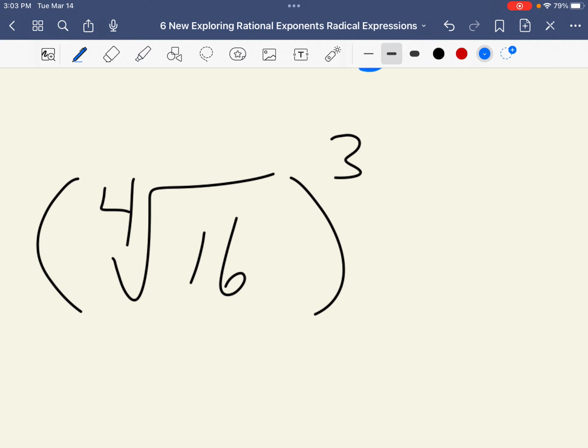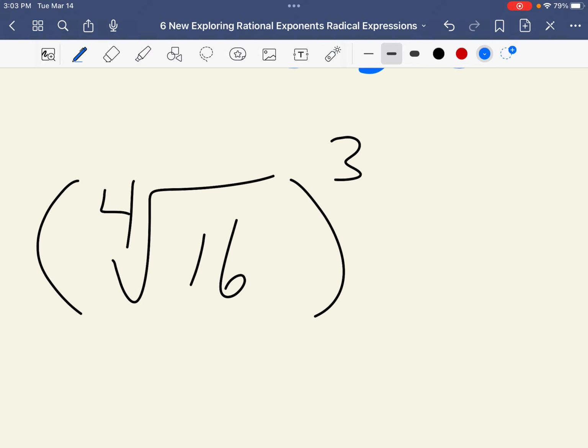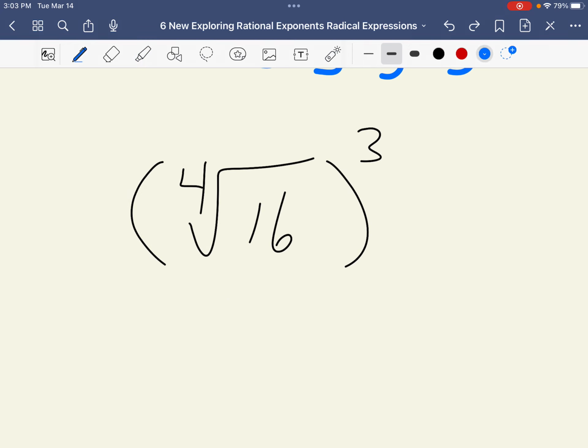What if we kind of do a root? Now remember, a root is the same as a radical sign. So here I'm doing the fourth root, but what if I do a root and I do an exponent? How am I going to do a root and an exponent? Well, we're going to have to do them both, not at the same time, but with an order of operations.